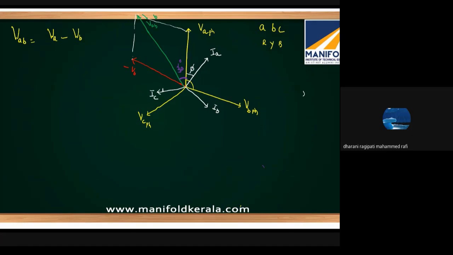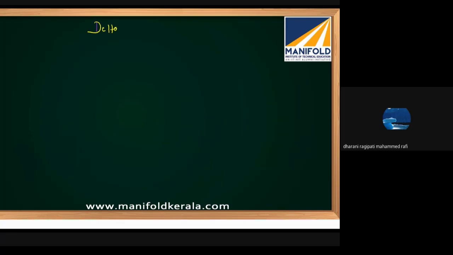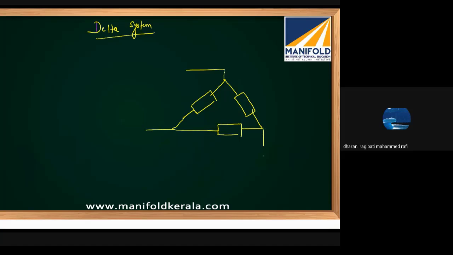Now, what you have to remember in a delta connected system is that, again, the delta connected system: this is A phase, B phase, and C phase.